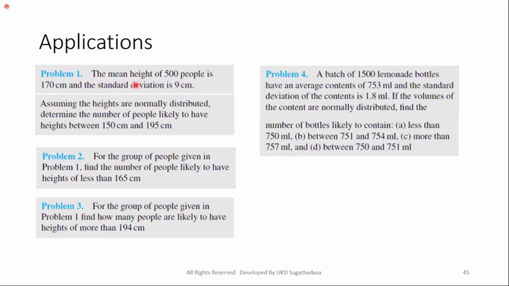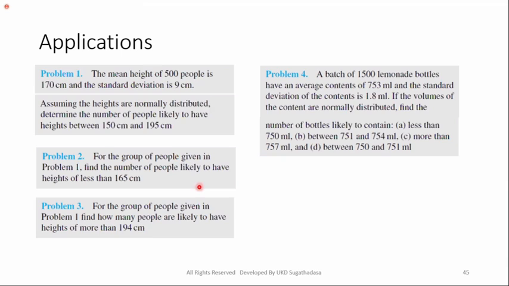The mean value is much less than 195. Even mean plus sigma is 179, mean plus 2 sigma is 188, and 195 belongs to the mu plus 3 sigma range. There may be only a few people. It's a big height. You won't get many people.